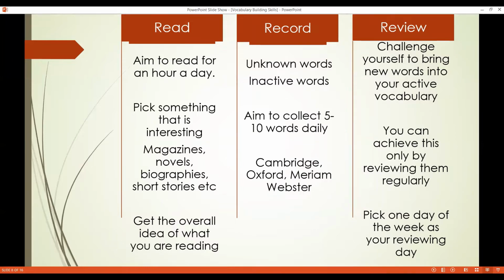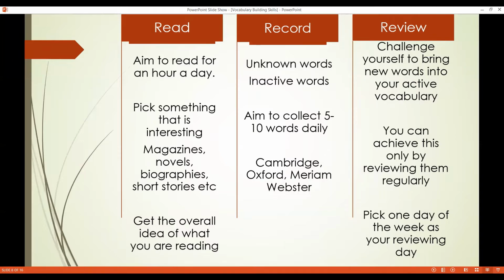It could be a magazine, a novel, a biography, short stories. A Kindle is not necessary all the time. Most of you have Kindles in your hands, but it is only an excuse if we say, okay, I'm not having a Kindle in my hand, so I cannot read. Physically taking the book in your hand and having the feel of the paper also counts. Get the overall idea of what you are reading.